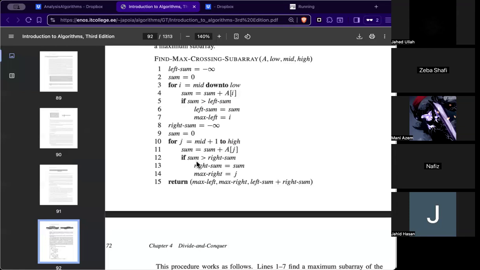Here we had our sum. Here we had the max right as that j, right? So the j is, if the j causes the sum to become larger, and then the sum is greater than the right sum, which was our previous sum, then we push the array out further to the right. So that's growing the subarray out to the right.